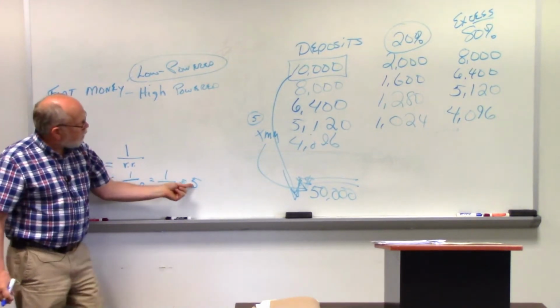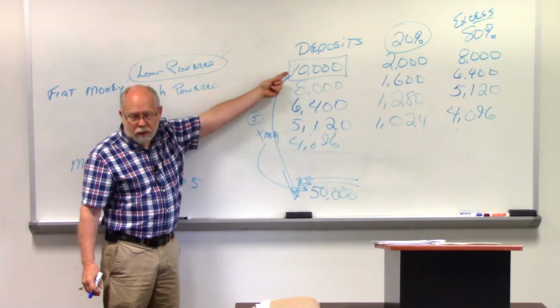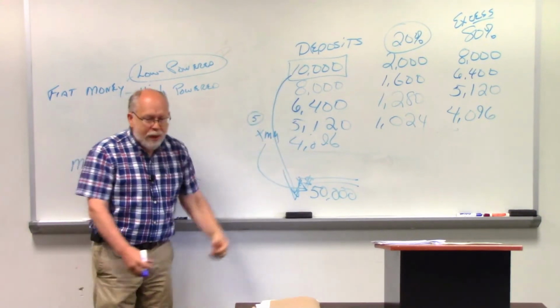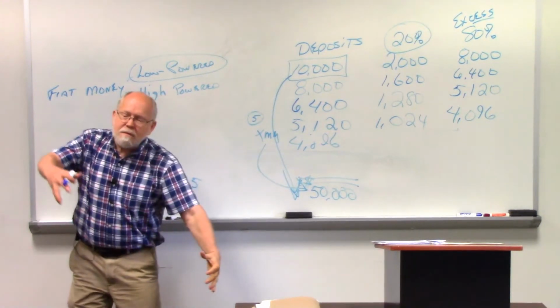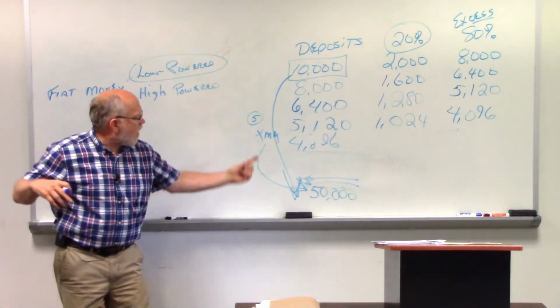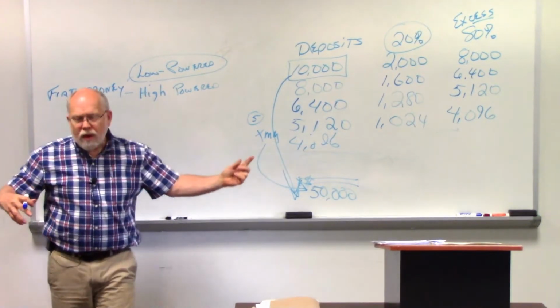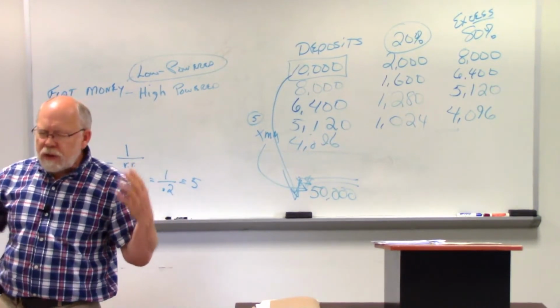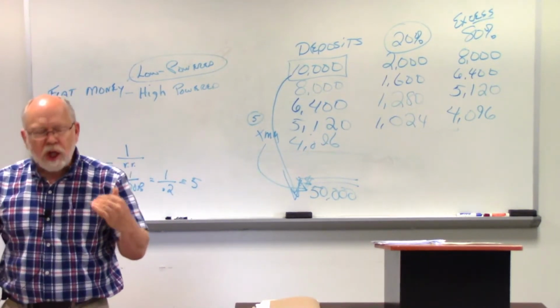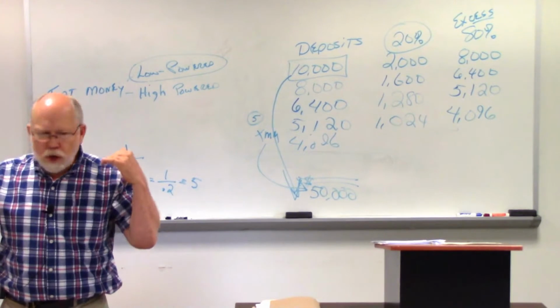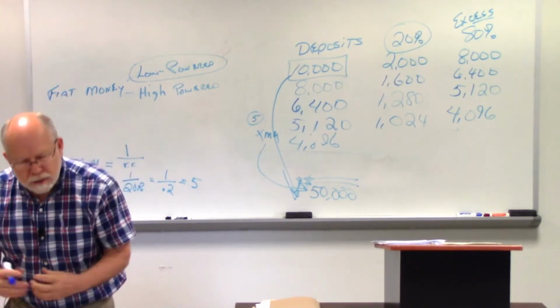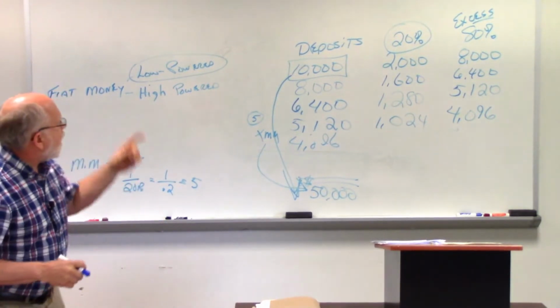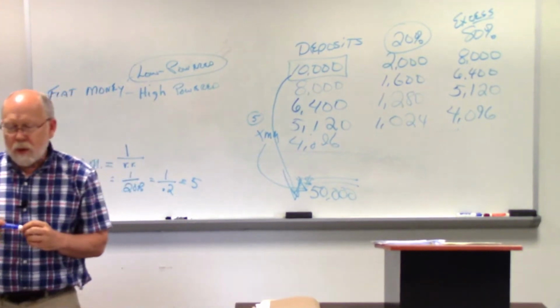That can tell us we can inflate the money supply by 5 times. We could have 5 times more money in the economy. All we have to do is have a bank that's fully loaned up. They've loaned out all they can possibly loan at a 20% required reserve.